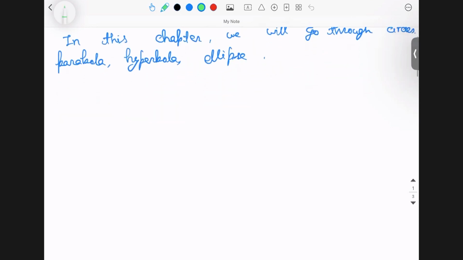Let us assume that this is a straight line, and this straight line is fixed at this point. Now I have another straight line, and this red point is also fixed.